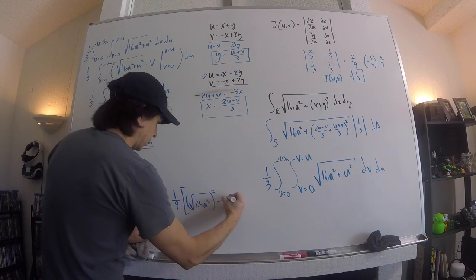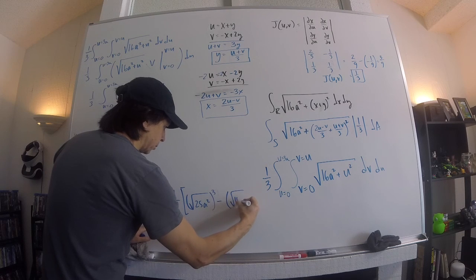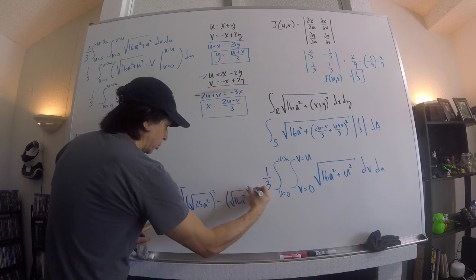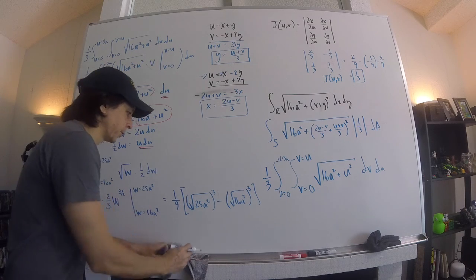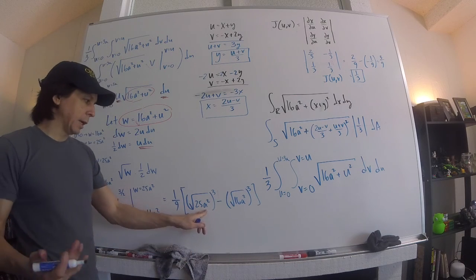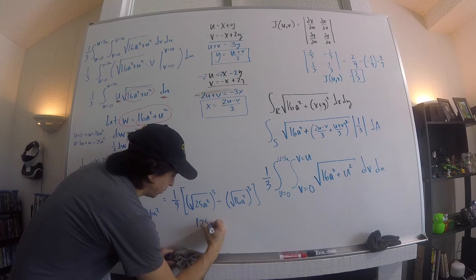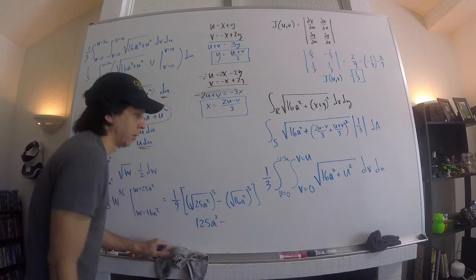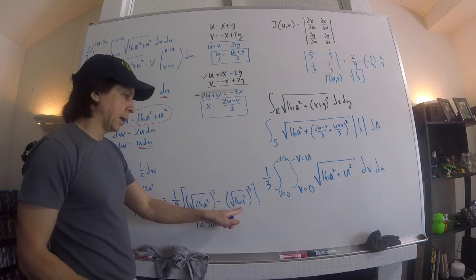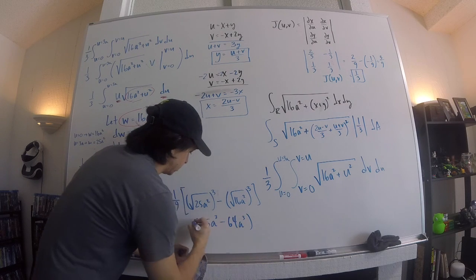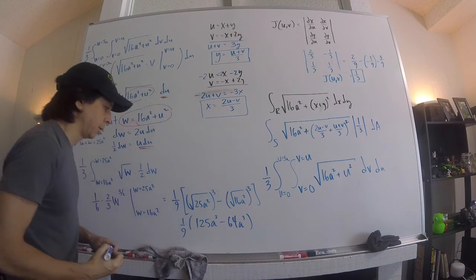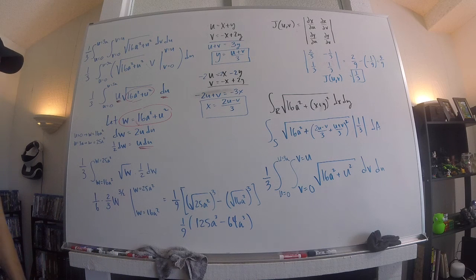It'll be a square root, and then we'll cube that, and the whole thing will be multiplied by 1/9. Okay, so you're going to do square root, 5a, cube it, 125a cubed. Square root, 4a, cube it, 64a cubed. Times 1/9. And then, what is that going to be?